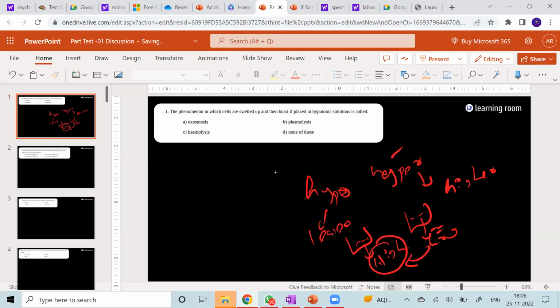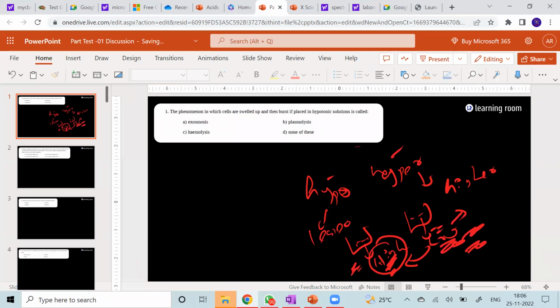We can say hyper or hypo only with respect to comparing two solutions. So this solution is hypertonic with respect to that one, and that one is hypotonic with respect to this one, because it has lesser concentration compared to this one.